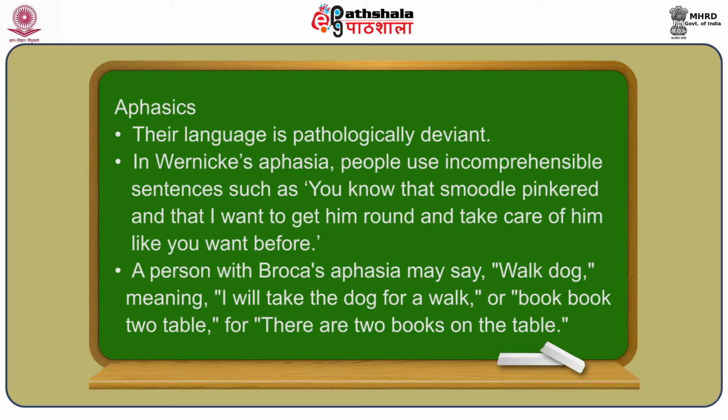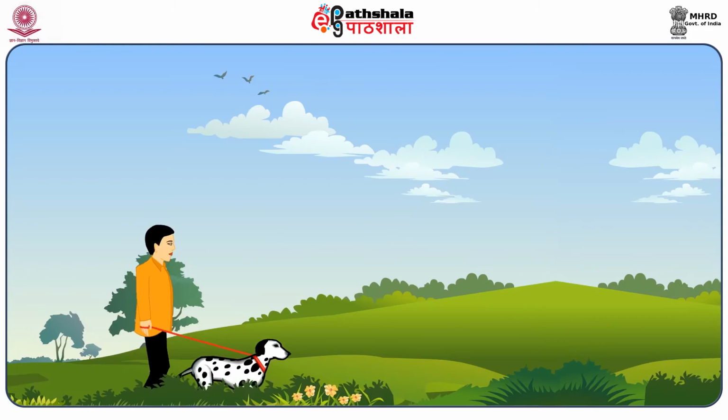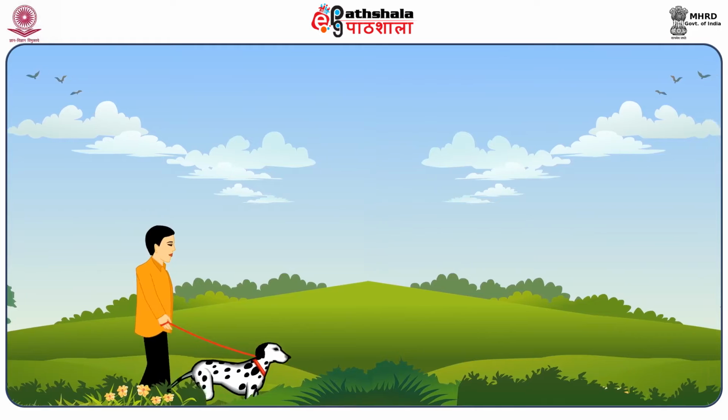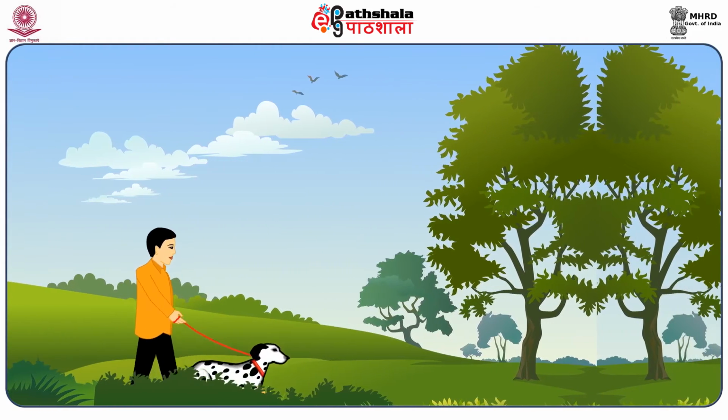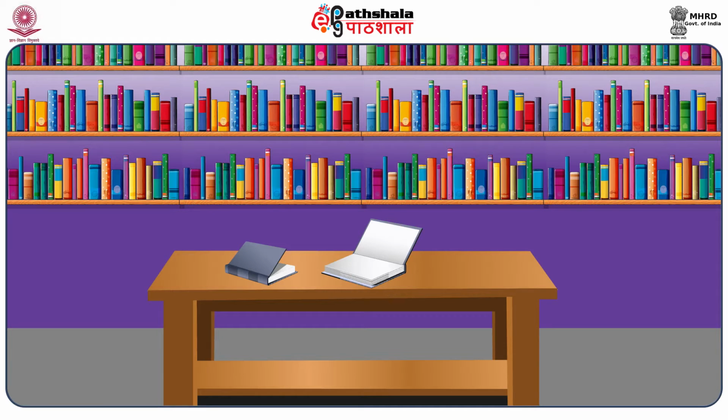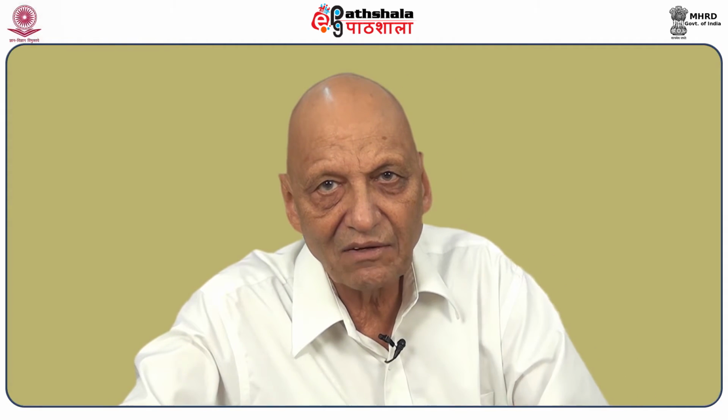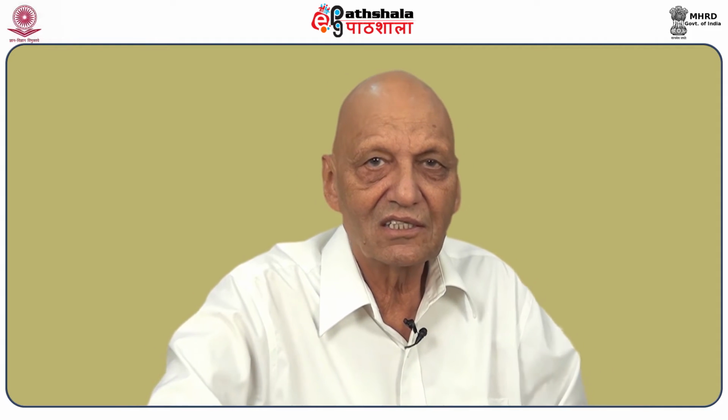A person who suffers from Broca's aphasia may say "walk dog" when he wants to say "I'll walk the dog." Or he might say "book to table" instead of "there are two books on the table." These are because there is a pathological issue. Their language is called pathologically deviant dialect.